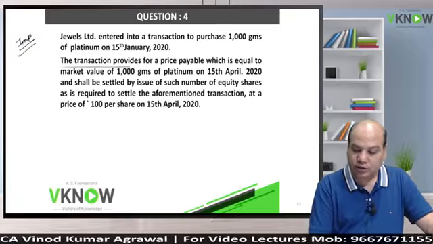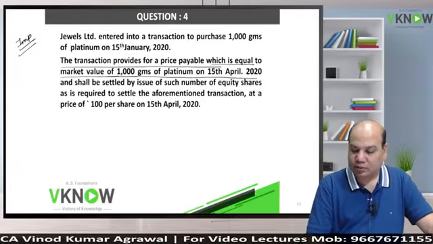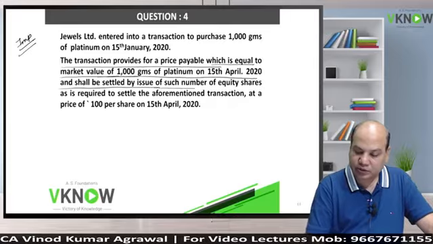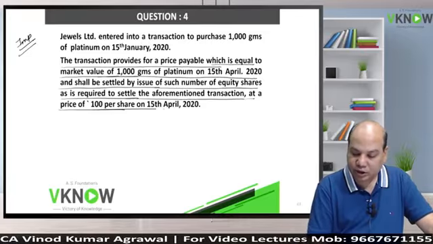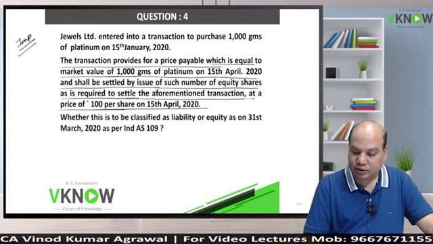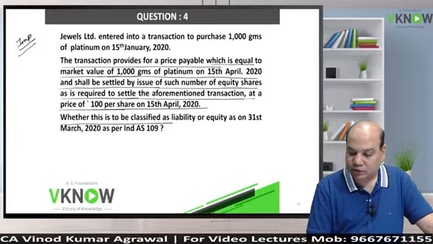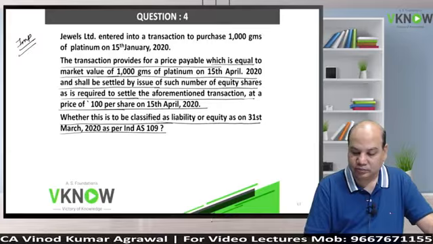The transaction provides for a price payable which is equal to the market value of 1000 grams of platinum on 15th April 2020, and shall be settled by issue of such number of equity shares as is required to settle the aforesaid transaction at a price of 100 rupees per share on 15th April 2020. Whether this is to be classified as a liability or equity as per Ind AS 109.